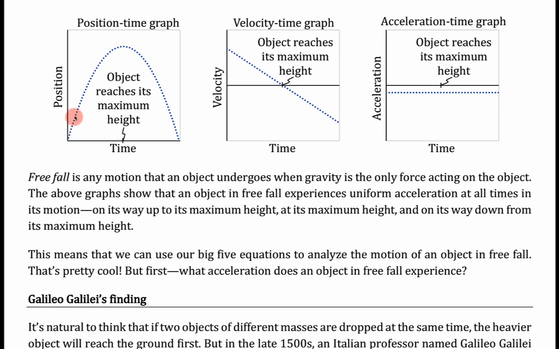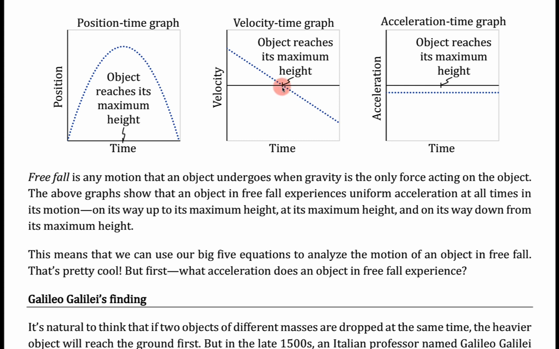Our object rises to its maximum height and then falls down. And we've said that at the instant that the object is at its maximum height, it has a velocity of 0 because the slope of this position time graph is 0 at that time. Right? The tangent would be completely flat here.